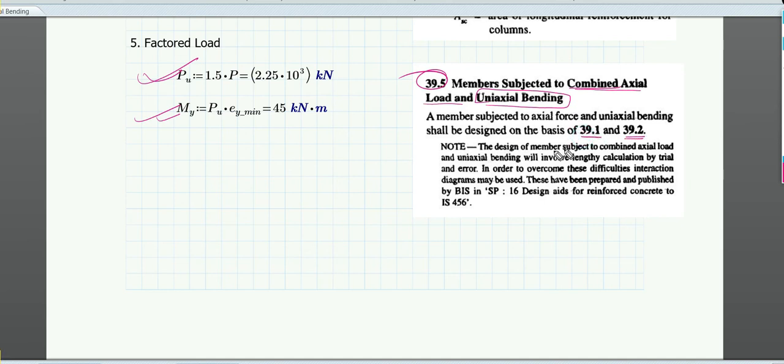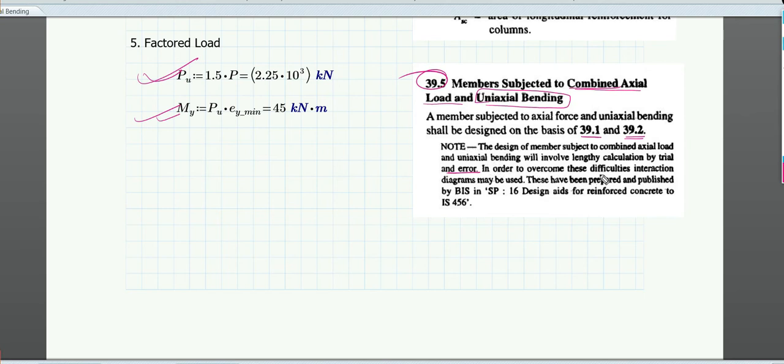And note, the design of members subjected to combined axial load and uniaxial bending will involve lengthy calculations by trial and error, because we are not very sure at what value, the different eccentricities will be having different moments, right? And the whole process of solving this problem is very lengthy.